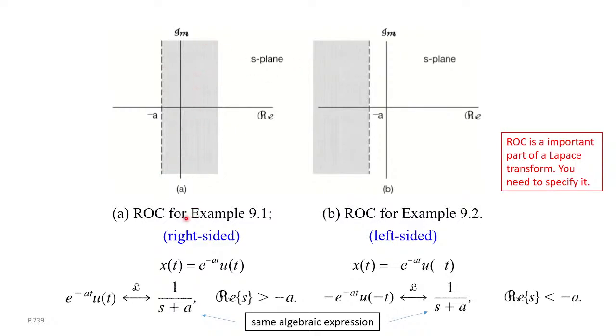So these ROCs are very important for the Laplace transform. You can have the same algebraic expression for big X for different small x, but they are differentiated by having different ROCs. We'll spend a lot of time talking about analysis around ROC. It feels annoying, but it is actually very useful in analyzing the properties of your signals.